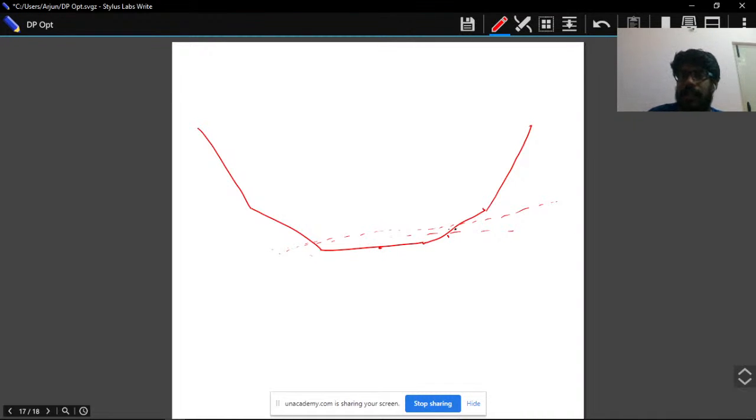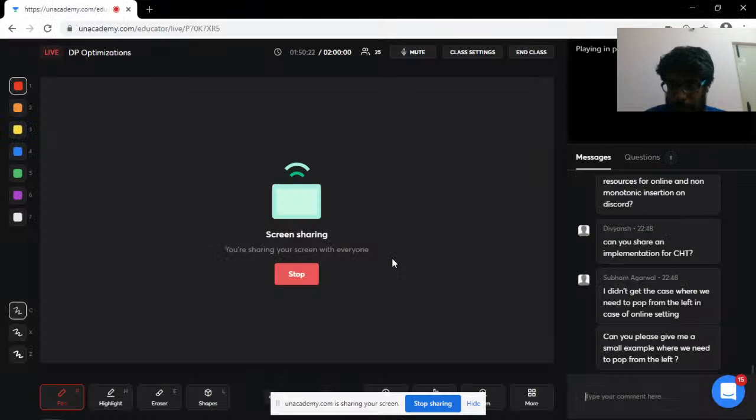My drawing is not perfect, but you can see that it could be like that, right? So you want to insert it here, but then you see that it makes this segment irrelevant because of the intersection point. It intersects this before it intersects this. So it has to pop this segment out from the left, right? So this is kind of inserted between these two, and it also pops out the guy to its left. I hope that makes it clear.